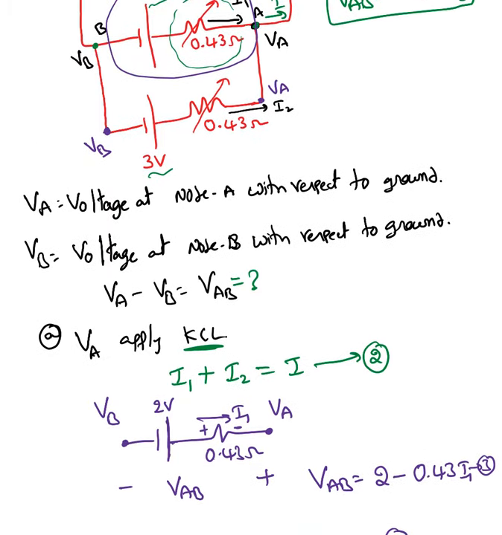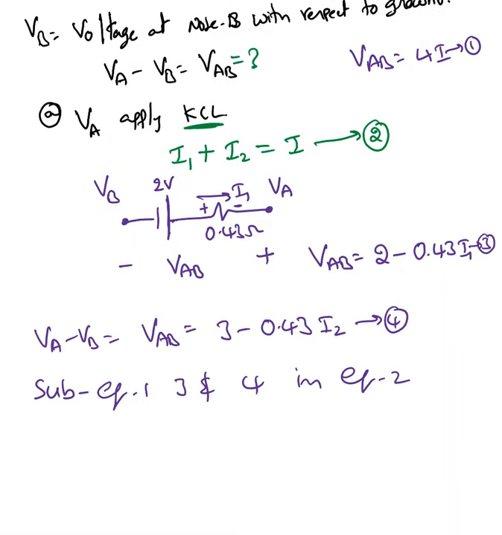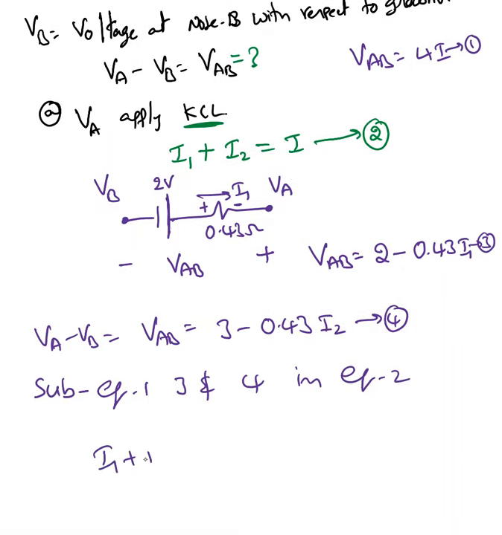Let me solve those. The first equation is VAB equals 4I. I'm going to substitute equations 1, 3 and 4 in equation 2. So I will end up with I1 plus I2 equal to VAB over 4.